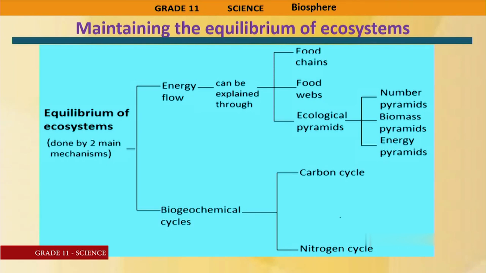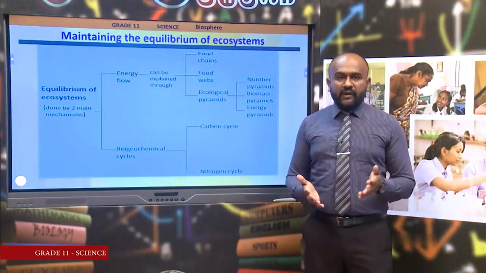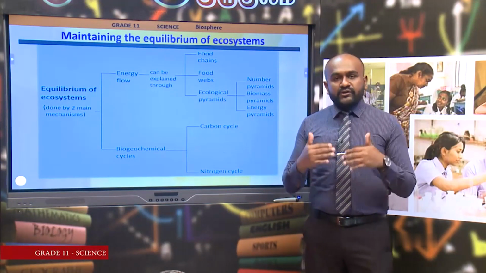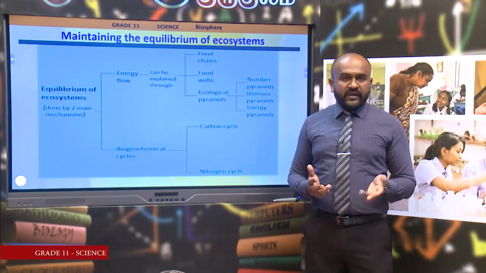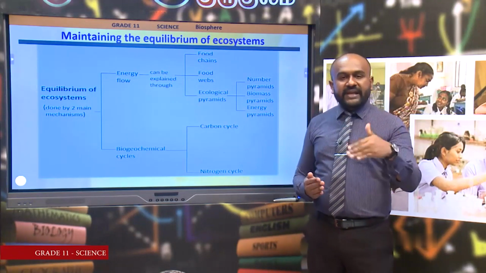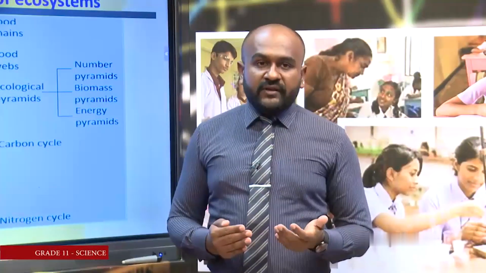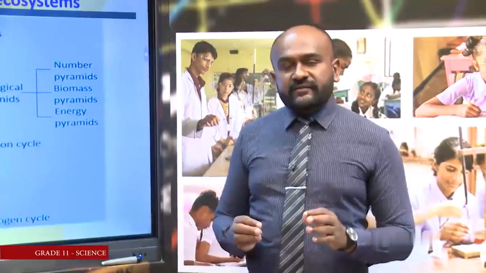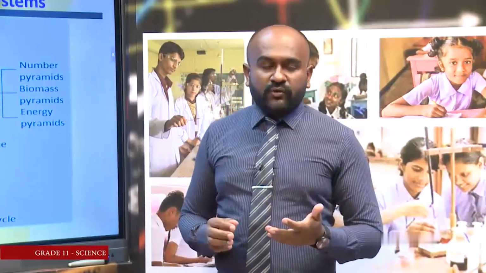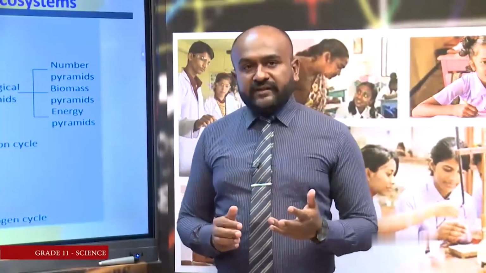Basically, it is about the organism obtaining the element from the environment and adding it back to the environment. So, these are the things that we need to consider. Under biogeochemical cycles, we learn only about two cycles, the carbon cycle and the nitrogen cycle.